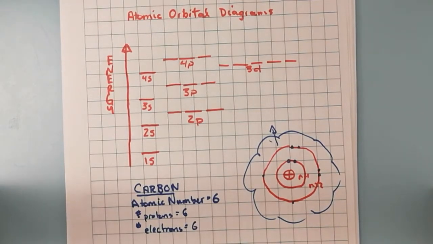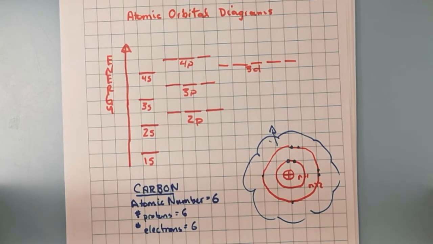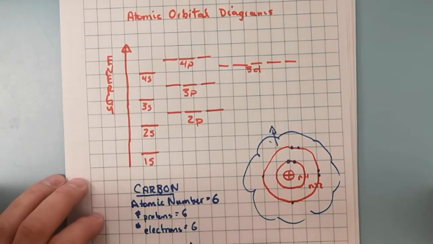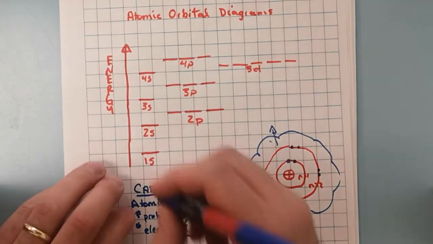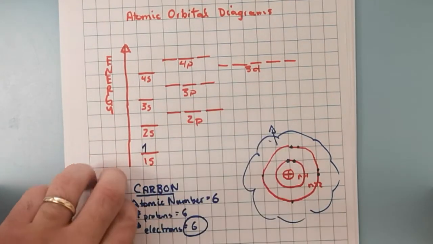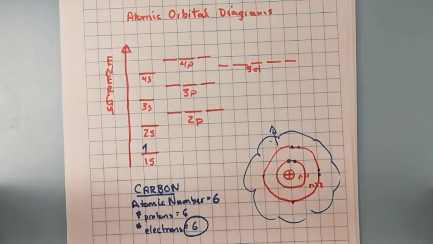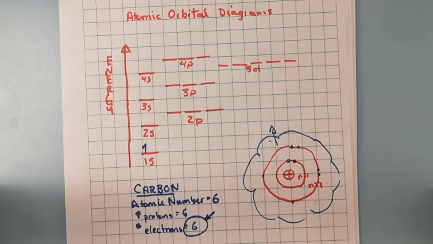When we describe the arrangement of electrons around a carbon atom, we explain it using atomic orbital diagrams. We have 6 electrons to describe. So let's apply the Aufbau principle. Our first electron of the 6 electrons we have to describe will occupy the lowest energy state.